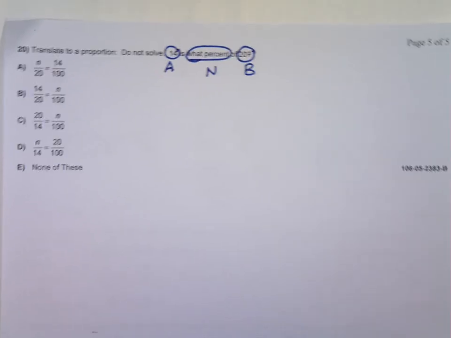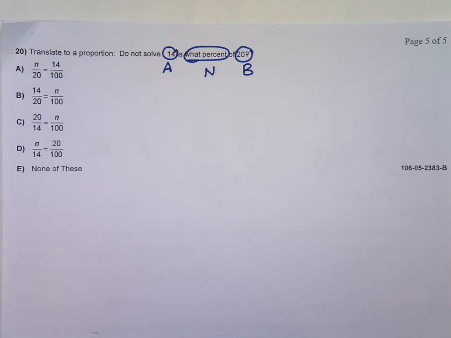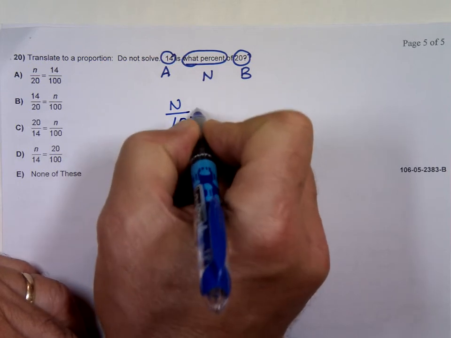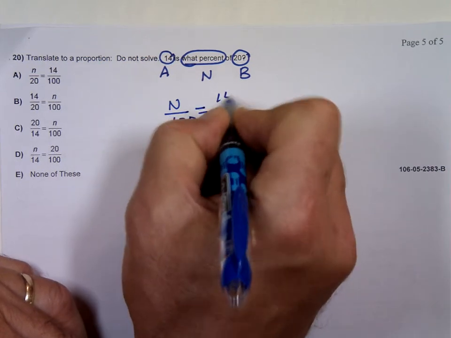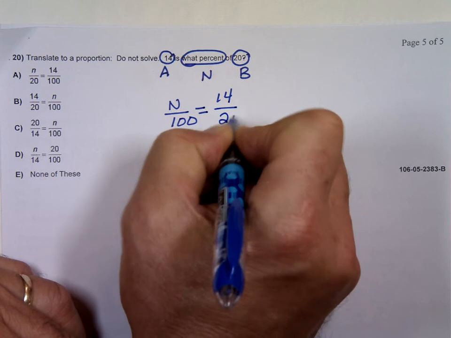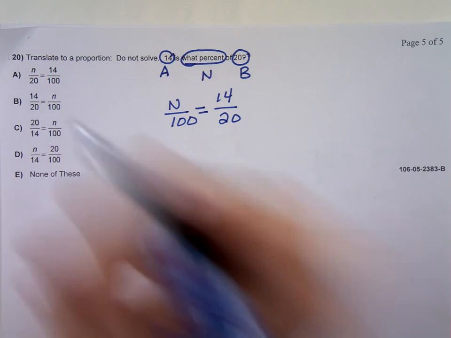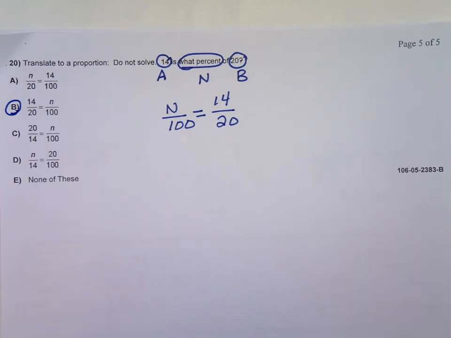N to 100 equals the amount, which is 14, to the base. It says just translate, don't solve it. Is that a B? I think that's B if I'm seeing it right. Yep.